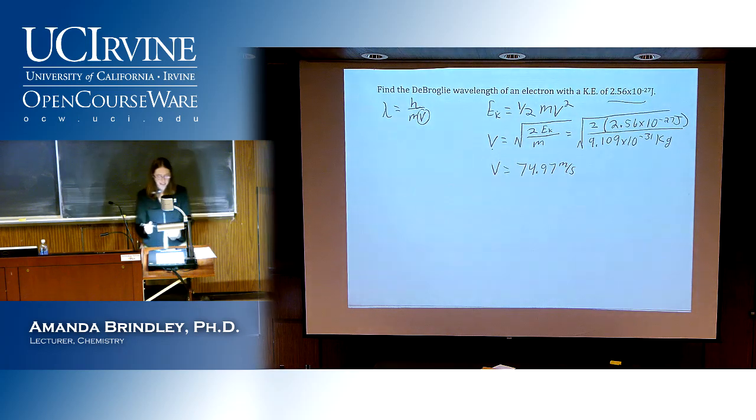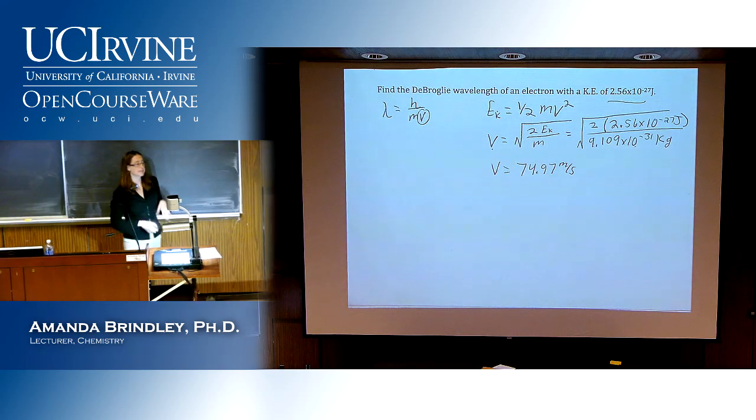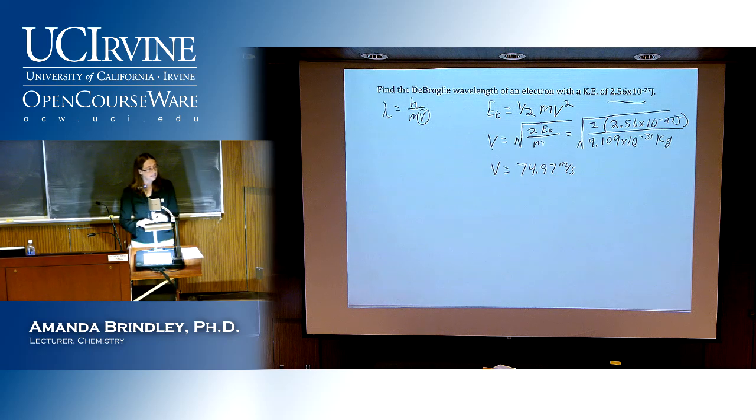Now, something to be kind of careful of here with the mass. It doesn't come up here, or in my other example actually, but it'll come up in your homework and it'll come up on exams. If I have the mass of an electron or a proton or a neutron or anything like that, I'm going to have to give you that mass. If I ask you for the de Broglie wavelength of a nitrogen atom, do I have to give you the mass?